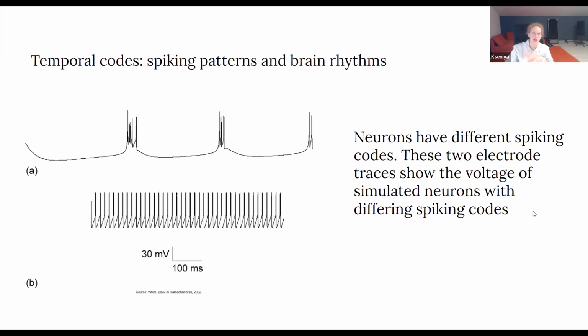For example, in some receptive systems and in the center of the brain.